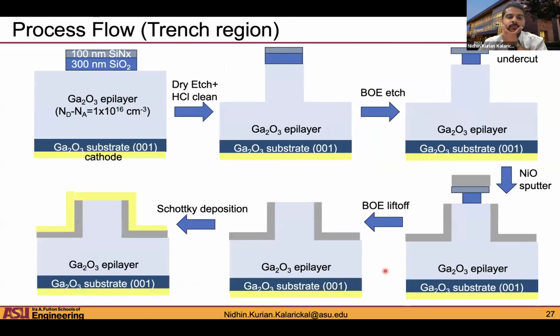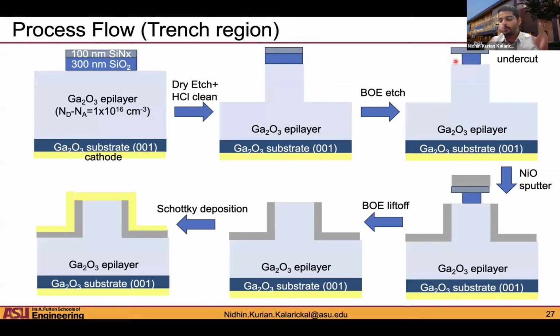Okay, and this is the process flow that we've used specifically for the trench region. We used a bilayer stack of dielectrics: 300 nanometer silicon dioxide and then 100 nanometers of silicon nitride on top. We first used this hard mask to etch the gallium oxide. Then we use a clever BOE etch to form this kind of an undercut structure.